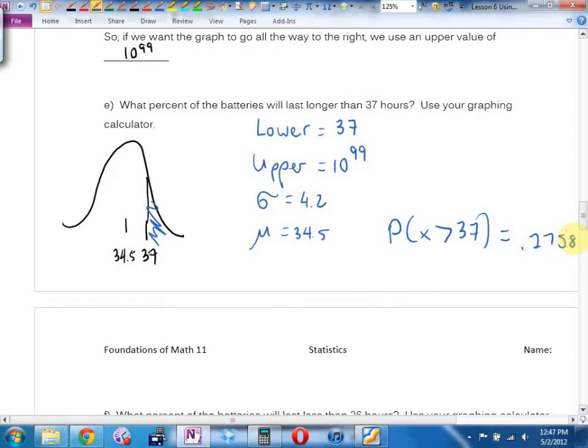Is that quicker, Adrian, than doing it by hand? I don't care which one you choose, because some people don't like technology.